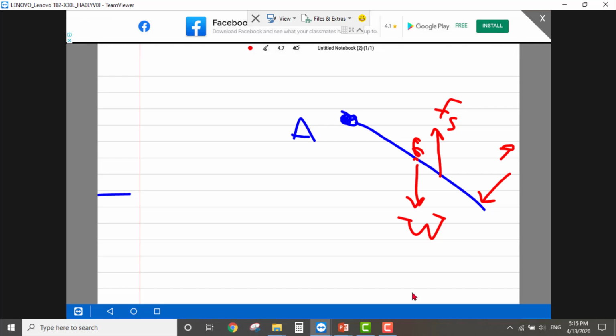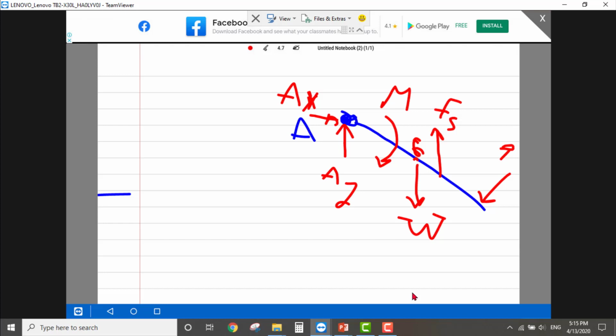What else? We have moment, M, and we have reaction forces. I will assume them in positive directions, and this is the X direction.